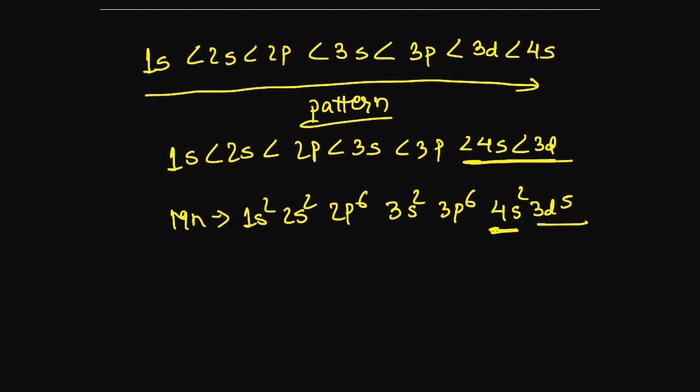But now let me write the electron configuration of iron. The atomic number of iron is 26.